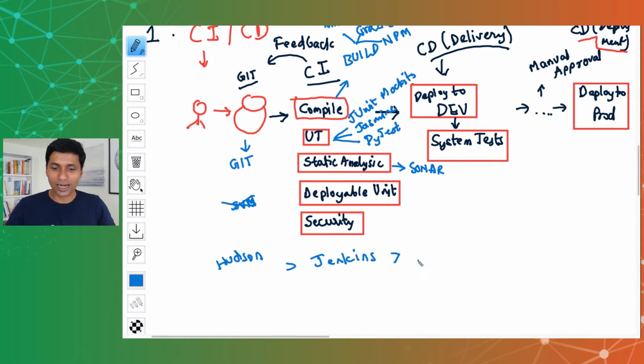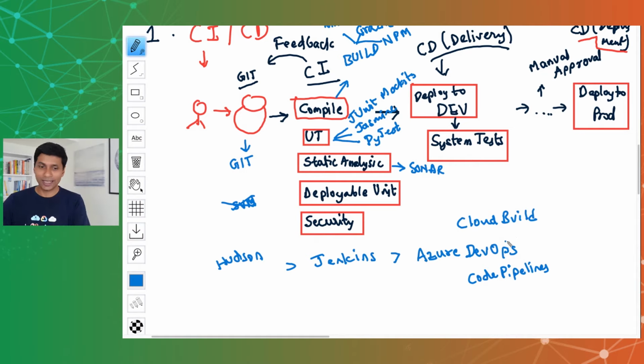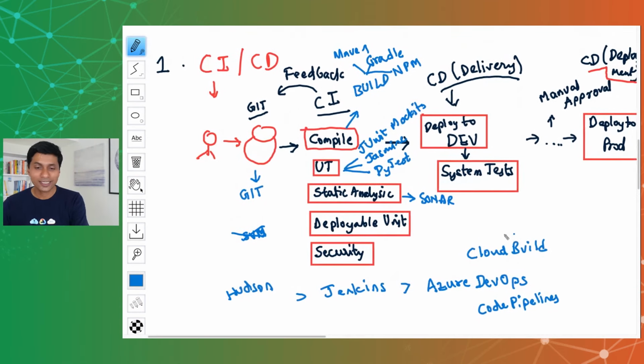And as we move towards the cloud, the most popular one, as far as I'm concerned, is Azure DevOps. In Google Cloud, you have Cloud Build, which can be used to do CI/CD. And even in AWS, you have AWS CodePipeline, AWS CodeBuild, and CodeDeploy. So those are all the things which are present in AWS. So these are all the tools which are related to CI/CD.